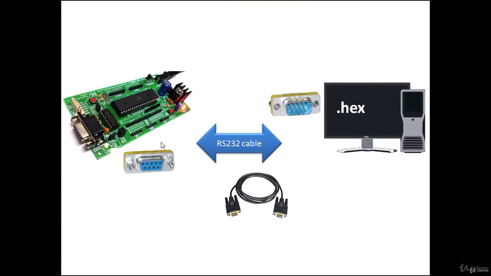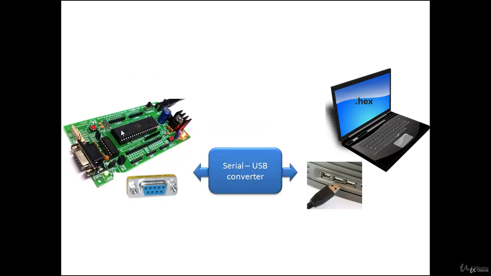If you are using a desktop PC with a serial port, then you can easily send data from the PC to the microcontroller using the serial port. You only need a MAX232 IC at the microcontroller side for voltage level conversion. But modern laptops normally don't have a serial port.